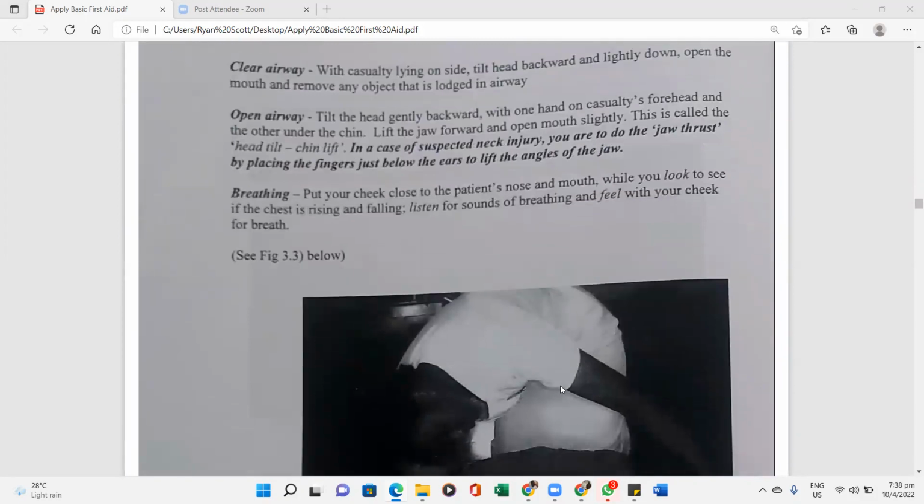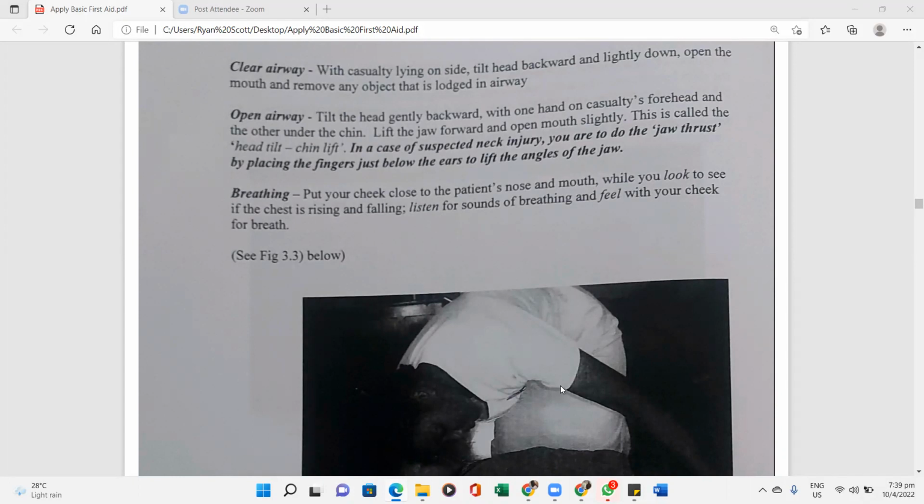And you have two things that you look for. Clear the airway with the casualty lying on their side, tilt the head backwards and slightly down, open the mouth and remove any object that is lodged in the airway, right? So you can't have the person lie flat on their back while checking the airway. Anything that is there might go down further.